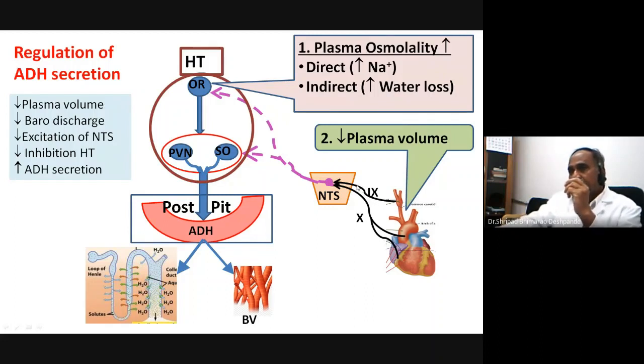there is decreased activity going from the baroreceptors. That is what I have written here for your guidance. I have written: decreased plasma volume decreases the barodischarge. If the barodischarge is decreased, then in the NTS there are projections to the supraoptic nucleus.